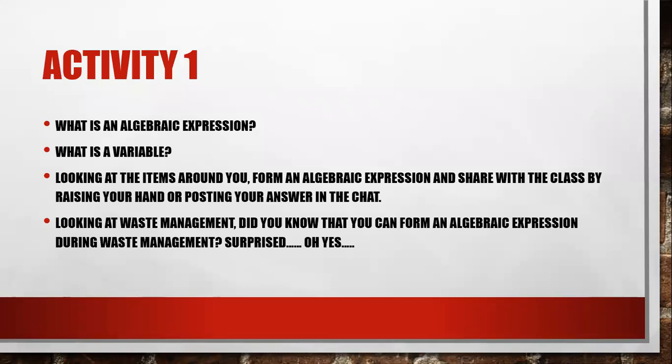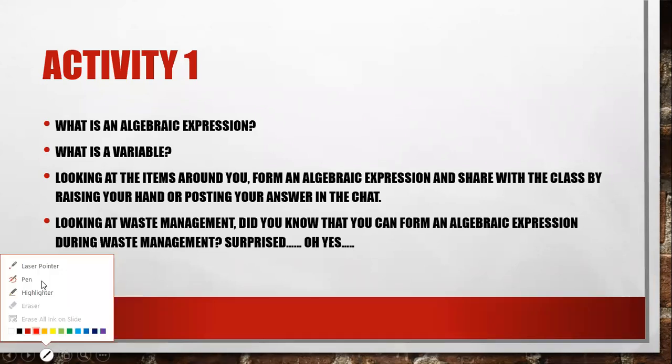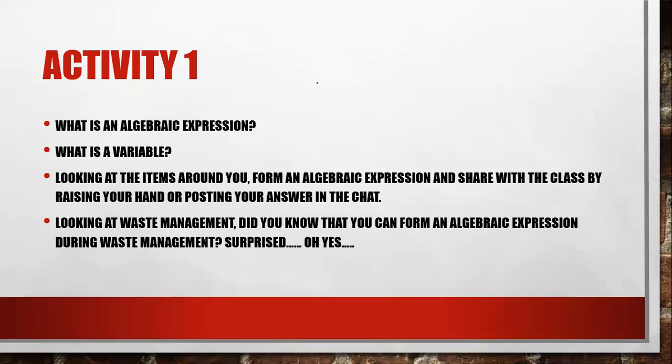We have been storing them in buckets because we cannot count them. So we have maybe about 4 buckets of biodegradable wastes, and we say 5B plus the non-biodegradable wastes, maybe the plastics and polythene. Those ones we can have also the sacks that we have been storing them in, and maybe we can say 7P. So 5B plus 7P is my expression.